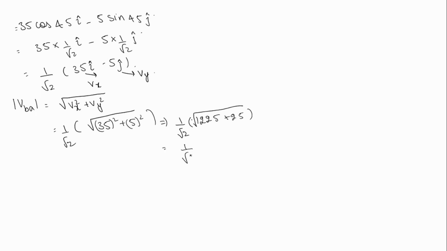So 1 by root 2 square root of 1225 plus 25, which is 1250.